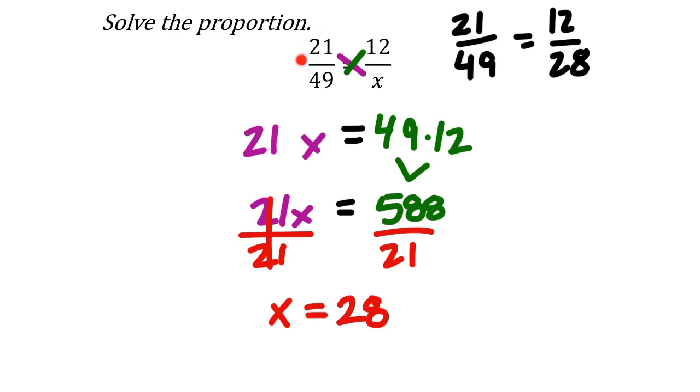Even with 21 and 49, I can see they're both divisible by 7, but I don't know what I would multiply 21 by to get 49, because I'd have to multiply 12 by the same value. So that's why I'm not showing you scale factors on this one, because it becomes a little bit more complicated. And again, cross multiplication, like we've seen on this one, is very commonly used, and most students tend to like it. So that was cross multiplication.